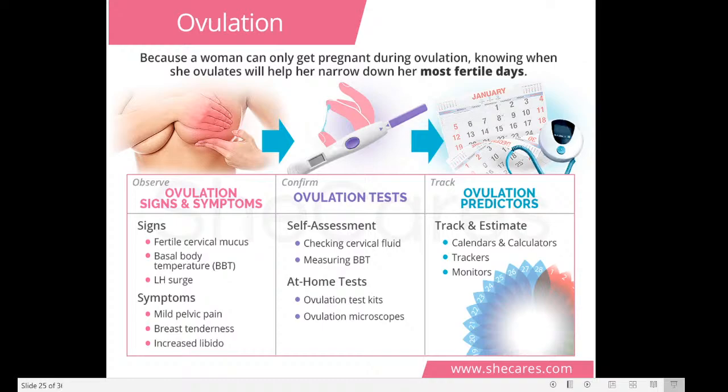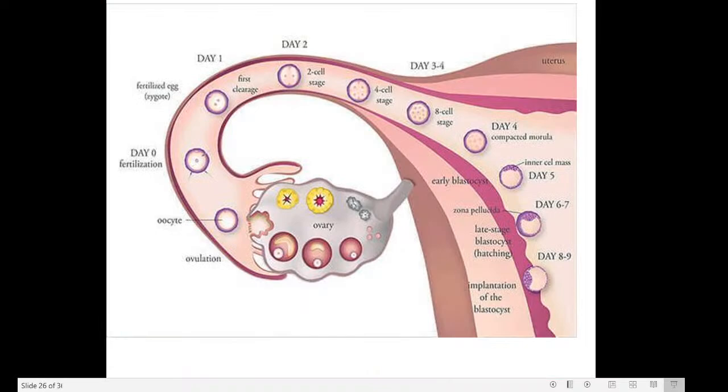Okay, these are the normal ovulation checkups, and there are various stages. The first step is oocyte release, that is the 0th day of fertilization. The fertilized egg, the zygote, undergoes the first cleavage, where one cell is divided into two.